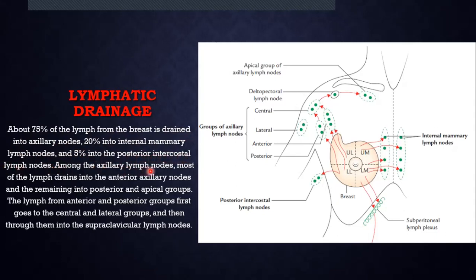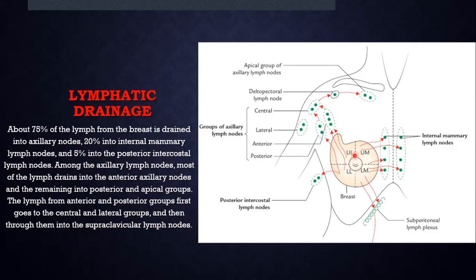Among the axillary lymph nodes, most of the lymph drains into the anterior axillary nodes or the pectoral nodes, and the remaining into posterior and apical groups. Then the lymph from anterior and posterior groups first goes to the central and the lateral groups, and then through them into the supraclavicular lymph nodes.